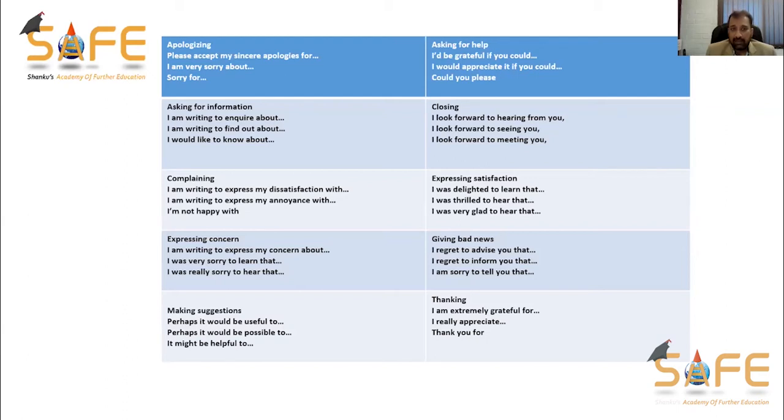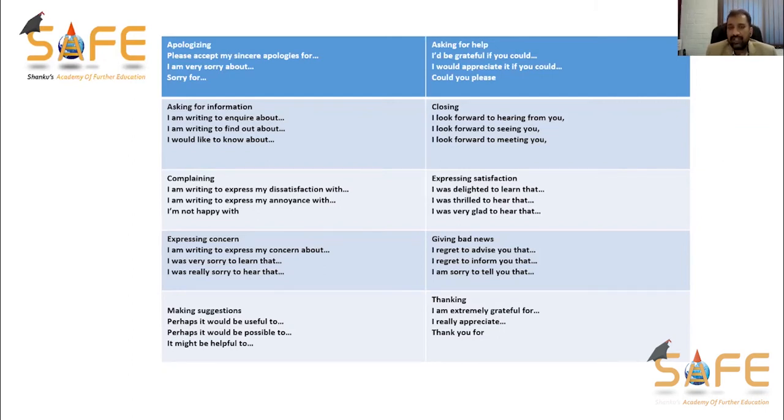So dear Mr. Mehta, please accept my sincere apologies for yesterday's issue where we had organized a party, and because of the music that we were playing caused disturbance to you and your family, and I am very sorry about my behavior that night, and I hope that you forgive me for the same, something like this.